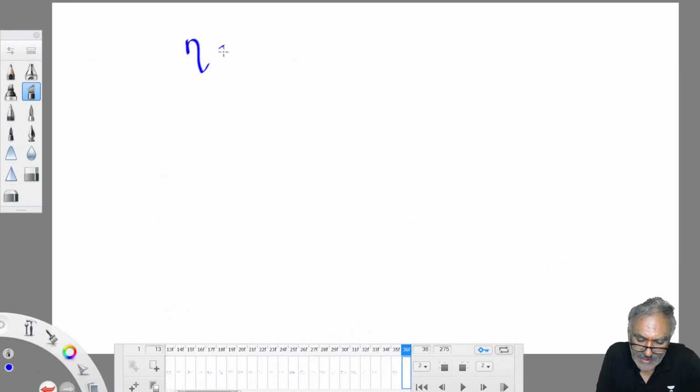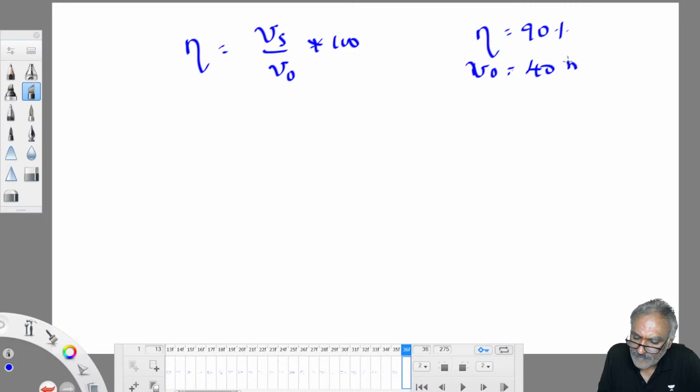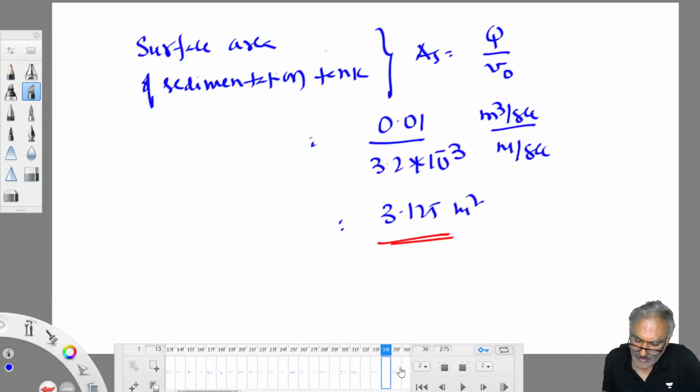So what is the equation? Efficiency is equal to settling velocity of particle by V naught into 100. Efficiency is given as 90% and V naught is given as 40 meter cube per meter square per day.